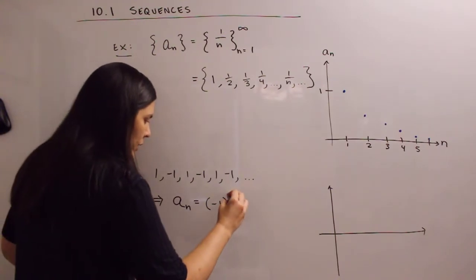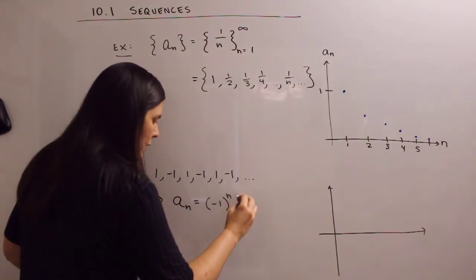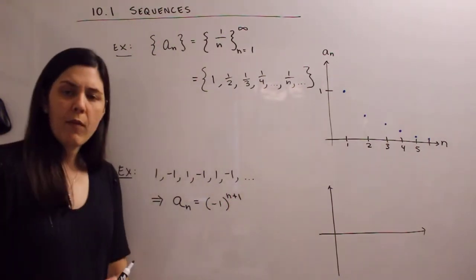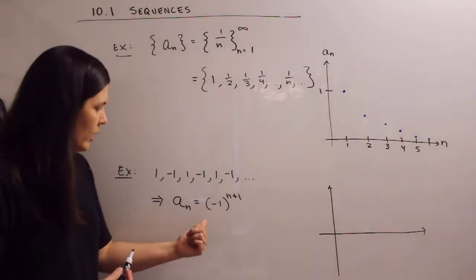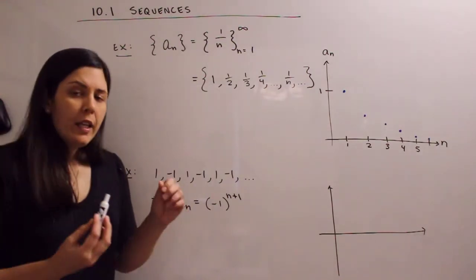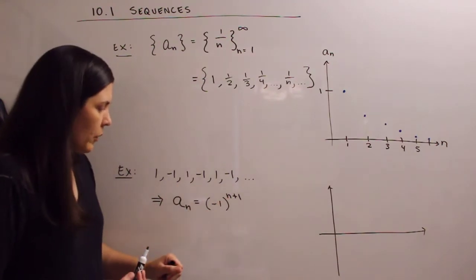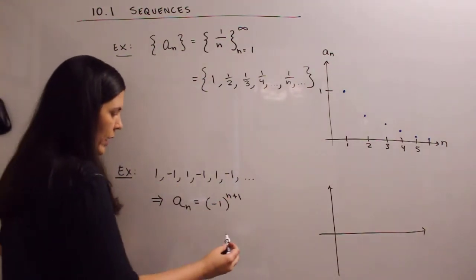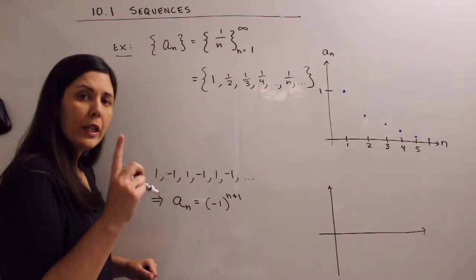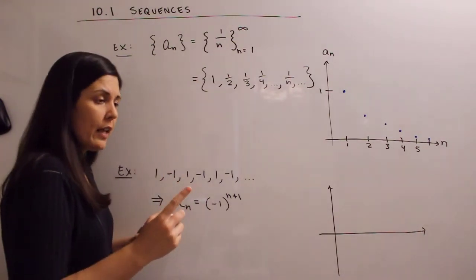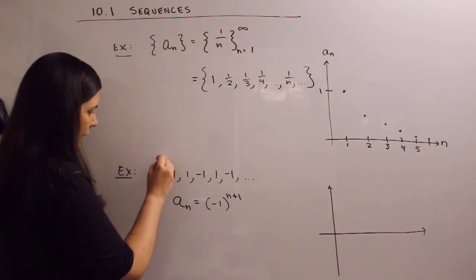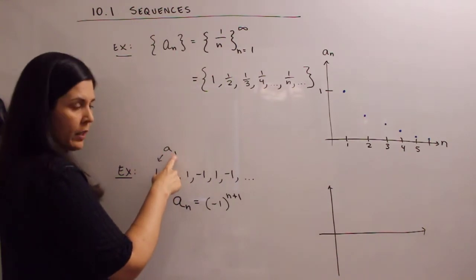And so what I'm going to do here is say n plus 1 for the exponent. And watch why I do that. If I picked n for the exponent, let me show you what would happen. If I start with n as 1, we usually start with n equaling 1 because that's the first term. This is a sub 1, so n is 1.